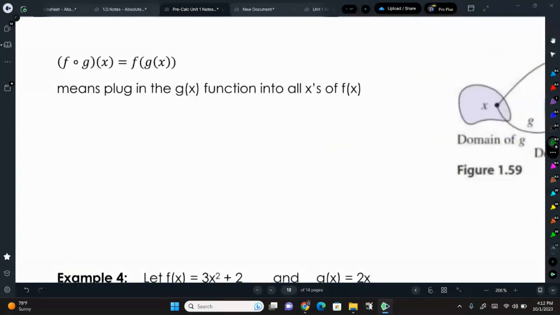So when we have composition of functions, the order matters.